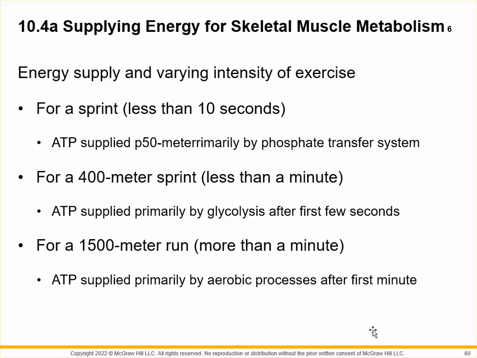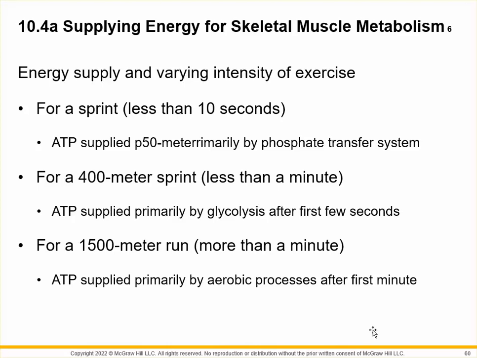So if we're sprinting, you can get the energy that you need from phosphate transfer systems, from the stored ATP and the creatine phosphate.